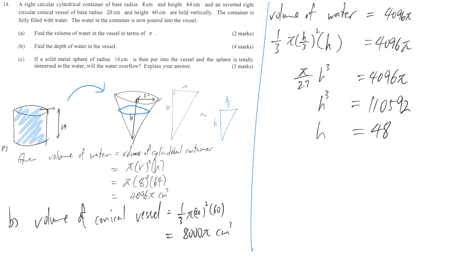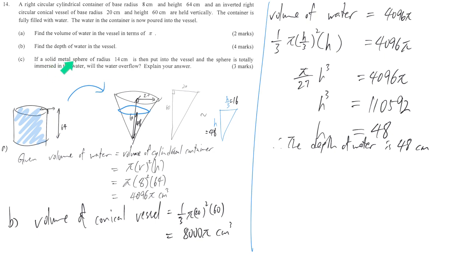It's slightly less than 60, so this one is 48 now, and this is divided by 3, which means this is equal to 16. We know very well about the cone now. So the depth of water is 48 cm. Finish part B, then part C.